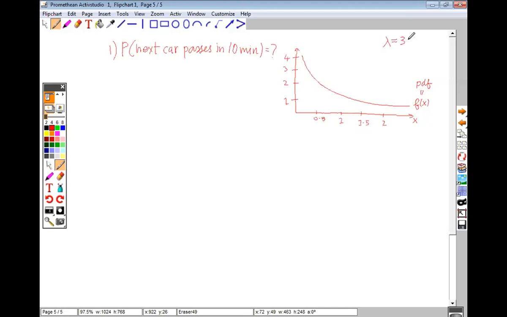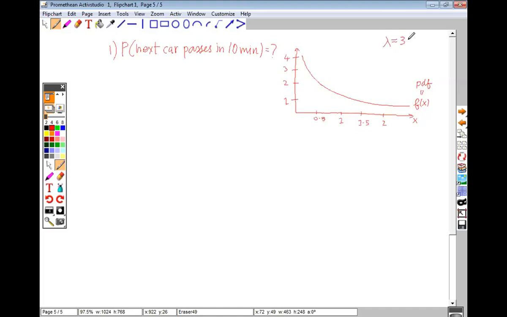Okay, so in exponential, I am measuring the time. But when I'm talking about lambda here, this is coming from the Poisson distribution. And remember, Poisson is a discrete distribution. So what I'm measuring there is the number of cars that have passed within an hour.